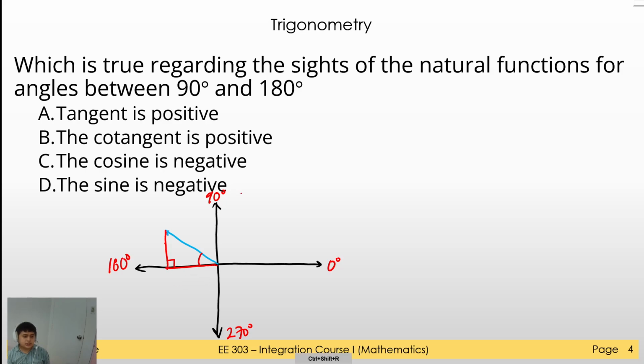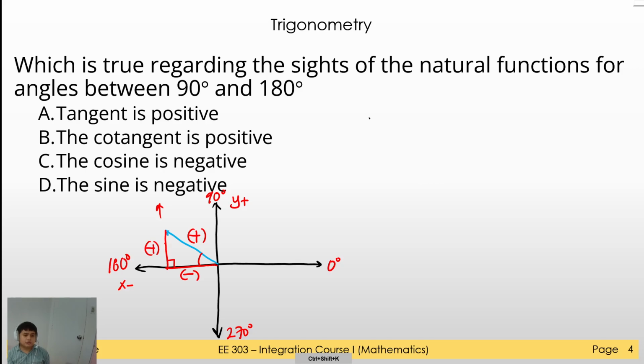Since this is your triangle, we can determine if it is a positive sign or negative sign. Since this is in the positive y-axis, upwards, this side will be positive, and since this is in the negative x side, this side will be negative. And always remember that the hypotenuse is always positive.